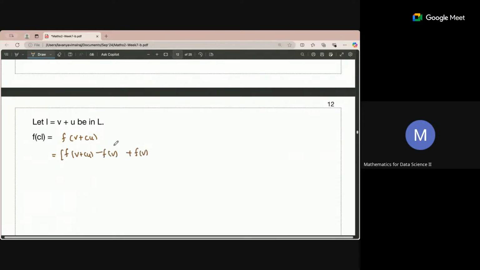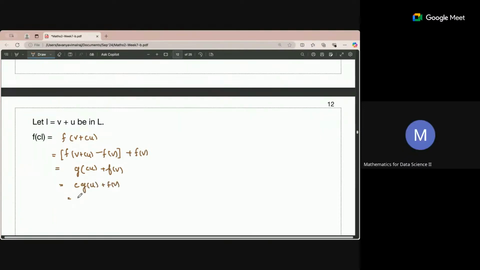You know that this part can be rewritten as, can you tell? g of cu plus f of v. Now g of cu, g is a linear transformation, so I can write it as c g of u plus f of v.